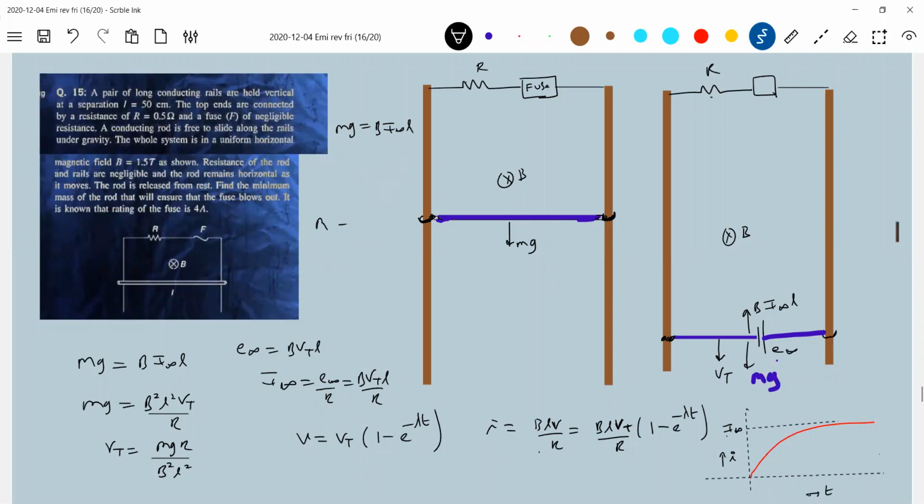Directly for I infinity, you write 4. So what is the value of B? 1.5. The length of the rod is 0.5, g is 10. So what you get, this M should be the minimum value that is asked. So for M greater than that, it will blow out, no? So take equal. Anybody value? 0.3. This is the idea of this one.